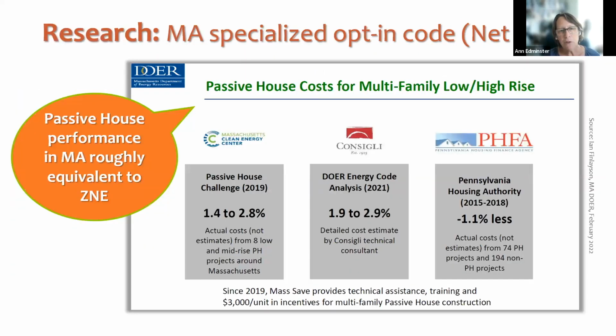This is a research project that was undertaken in Massachusetts as they were looking at some code updates, and they wanted to find out, okay, well, what are the cost implications of moving codes towards zero net energy, zero net carbon? So they looked at several. This is a meta study, and they found very, very nominal cost impacts for multifamily, low and high rise.